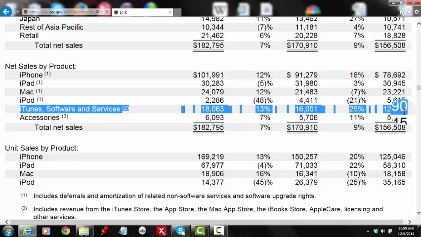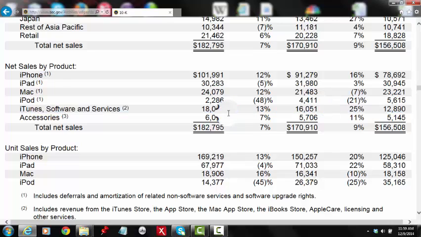It's third party products, they come and put in their website, and Apple is just creating the ecosystem. So that's a very significant portion. And then the accessories, they're kind of stable, not that much.